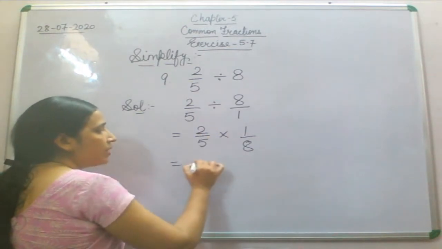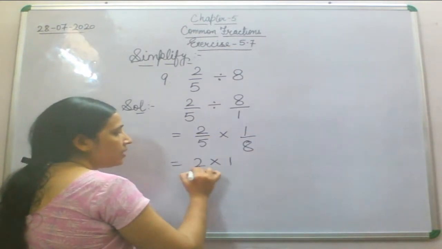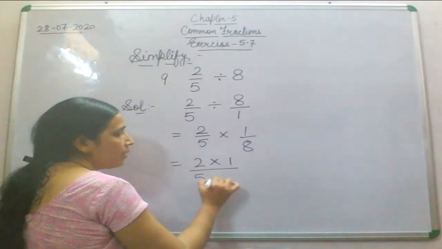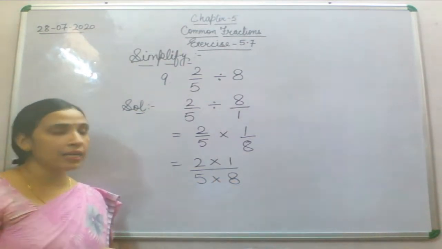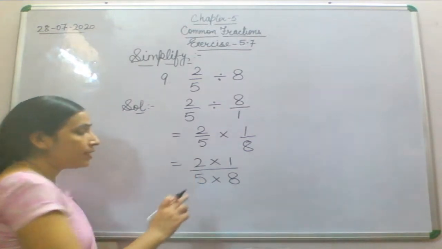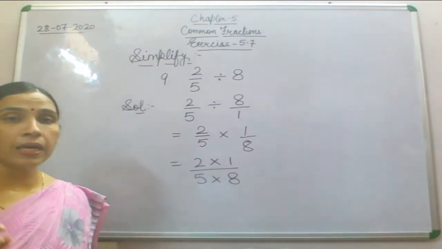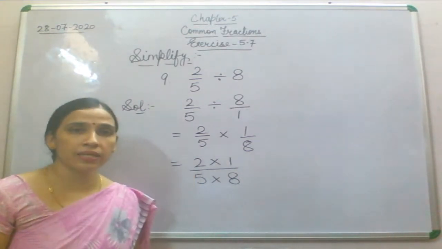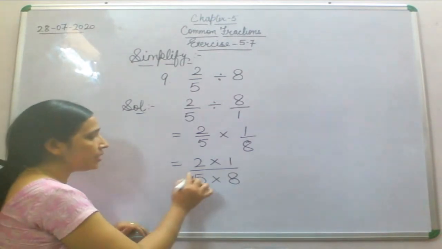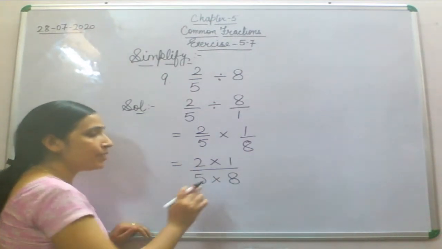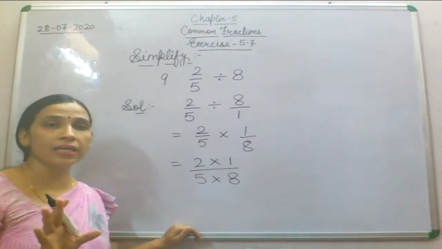So now numerator will multiply by the numerator and denominator will multiply by the denominator. Fine. After that, you can find any common factor among the numerator and denominator, that will be reduced here. Now here you can see in 2 and 8 you have a common factor, that is 2.